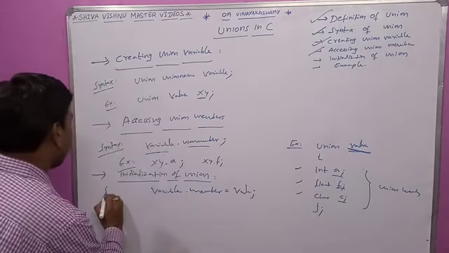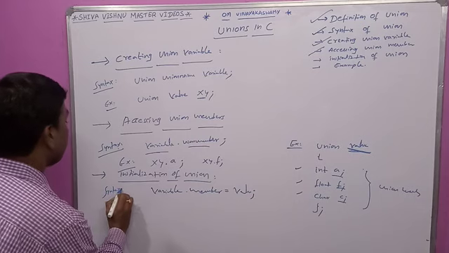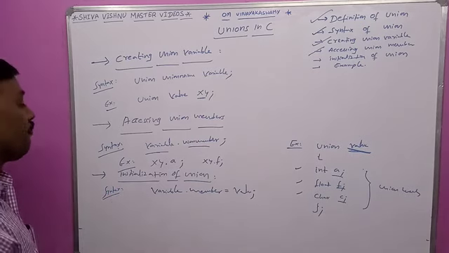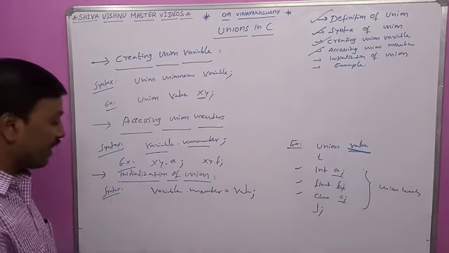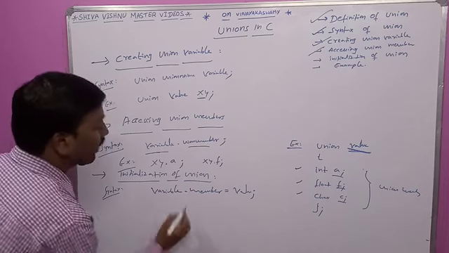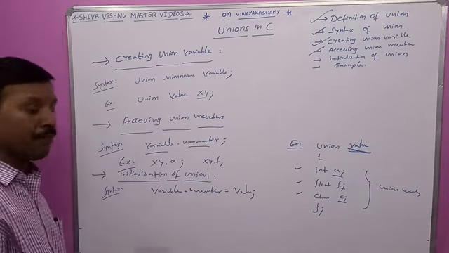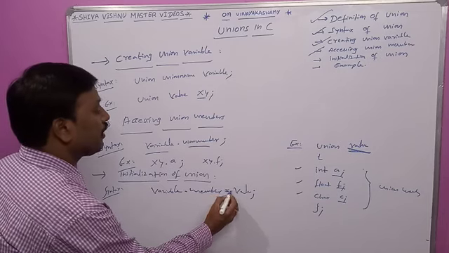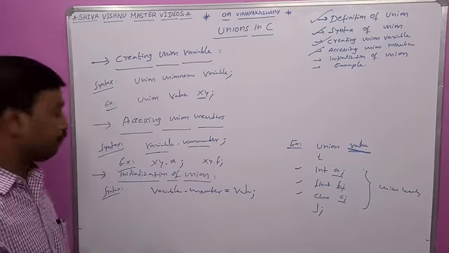This is the syntax of initialization of union. Here you can see the variable, the dot operator, the union member, assignment operator, value, semicolon.